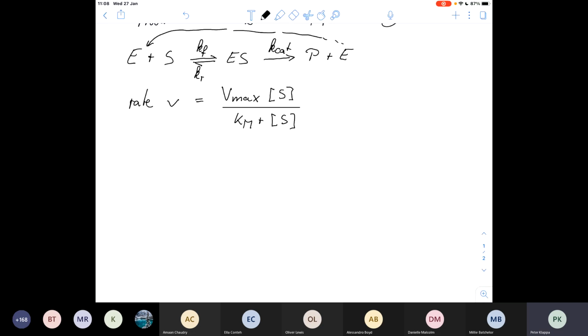So we have Vmax here, and that is the maximum speed, maximum rate. And we achieve this maximum rate when all the active sites of the enzyme are occupied with substrate.